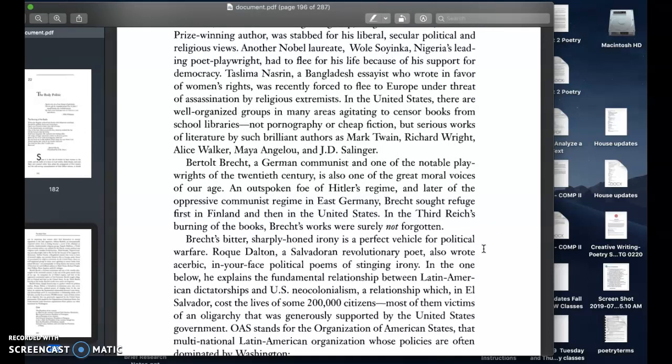We have an entire week called Banned Books Week that celebrates freedom of reading. But even such big authors as Mark Twain, Maya Angelou, J.D. Salinger, Harper Lee, any big name you can think about, their writing has been challenged.